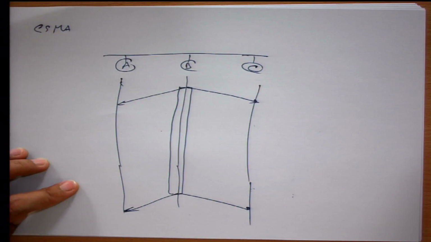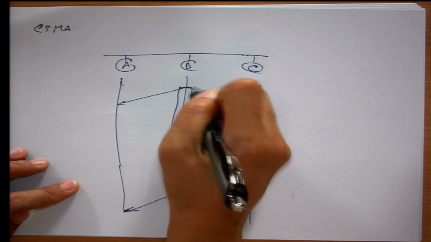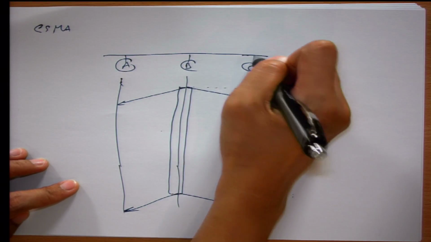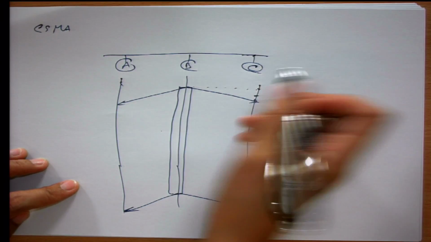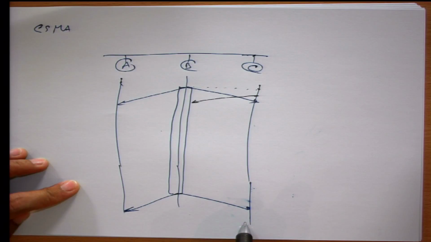And C is sending at this time. It senses the medium and it seems like it is free, so it sends. Suppose this is the C frame.